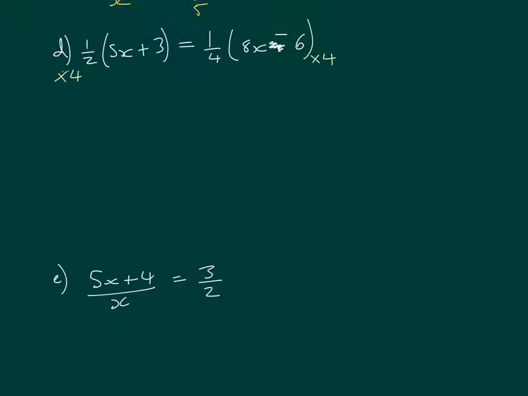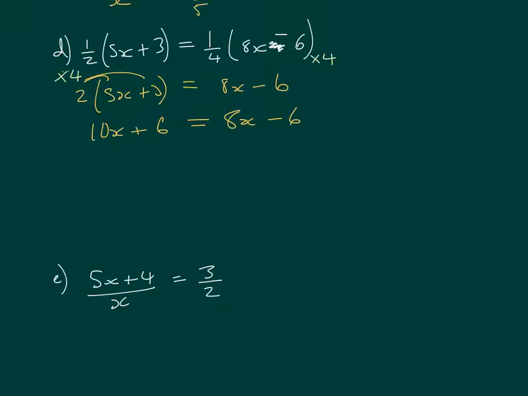So now, if we do that, we're going to get half times 4 is 2, and we'll have that multiplying 5x plus 3. And that equals, 4 times a quarter is 1, 1 times 8x minus 6 is just 8x minus 6. Now we need to multiply out this bracket, so we'll have 10x plus 6 equals 8x minus 6.